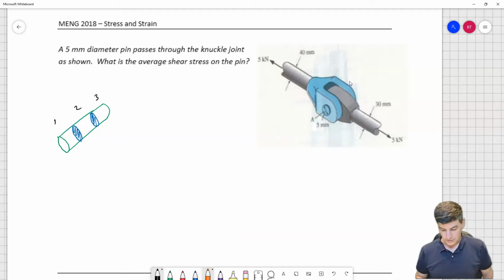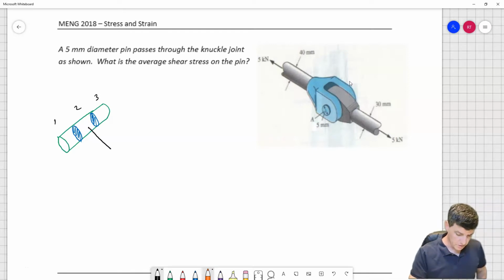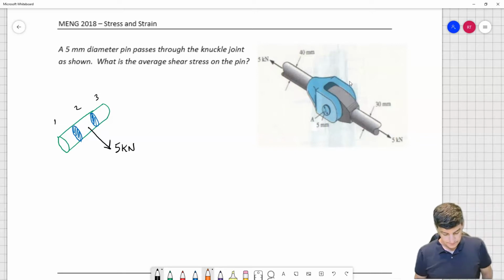Numbers 1 and 3 are the outer pieces, and number 2 is my inside piece. It appears that number 2 would be pulled on by the full force, so 5 kilonewtons. If piece number 2 broke, then I would have 2 new pieces of area that were created.